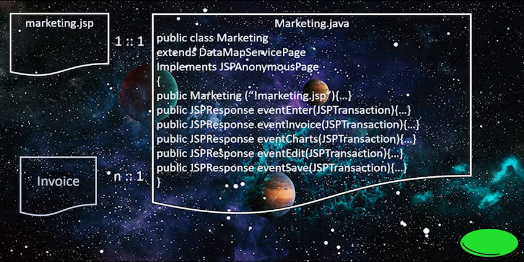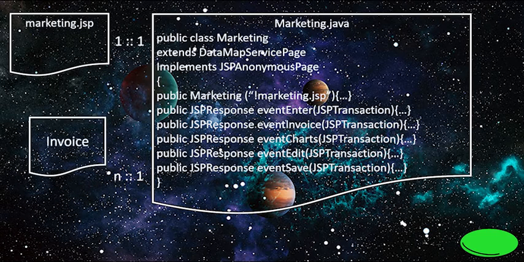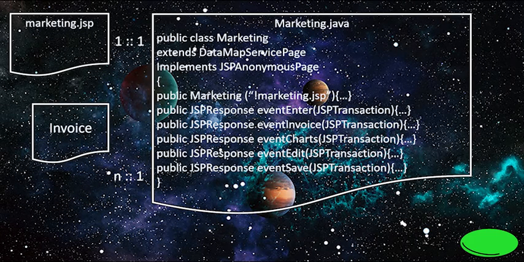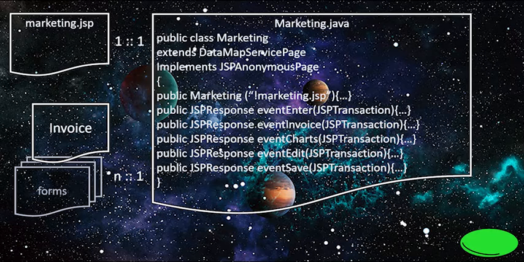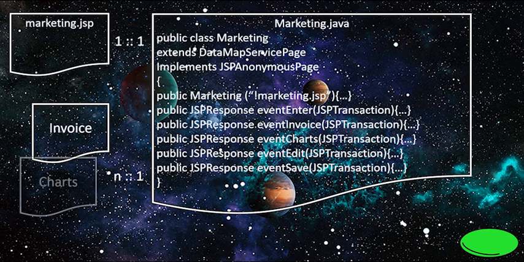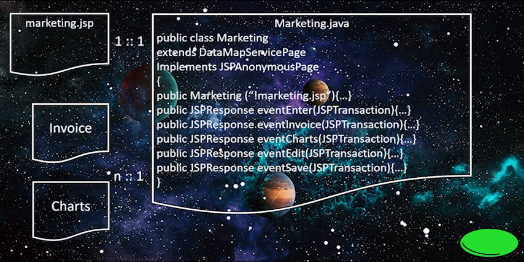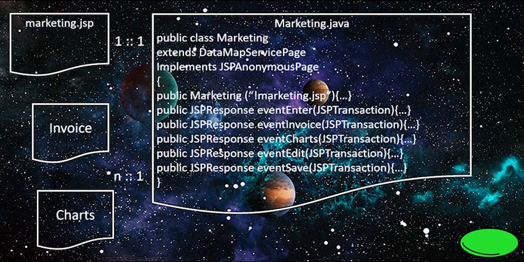A form has a signature, or string expression, that must be unique with respect to a page class. A page class has a default form, and if the page class does not override the Lentiles base, the signature of the default form is literally default. In this example, the marketing page class has 2 forms associated with it. The first form is invoice, which happens to be the default form, and the second form is charts.